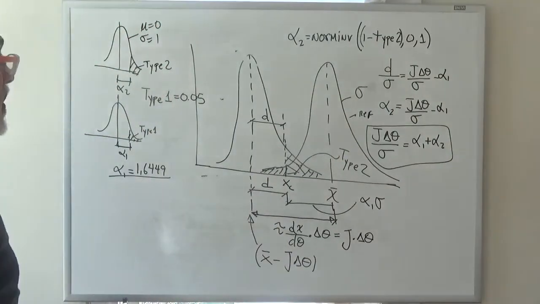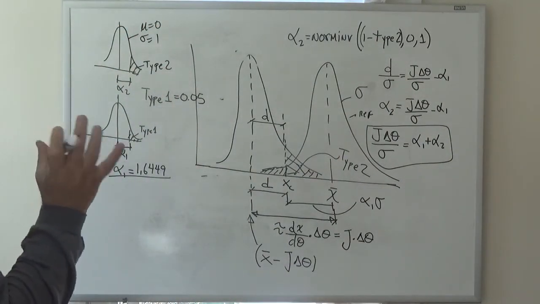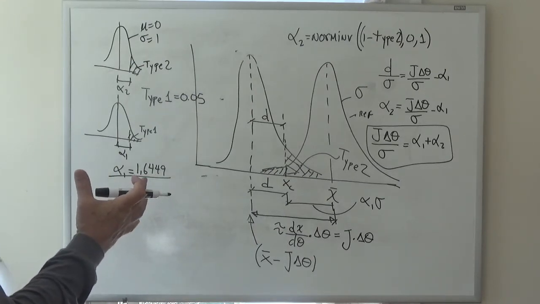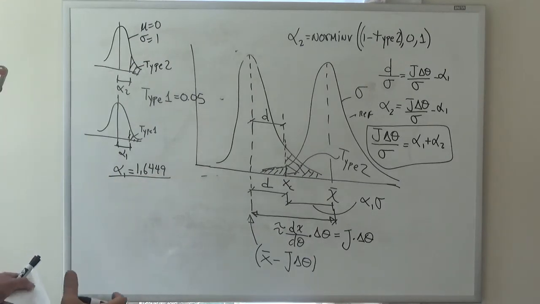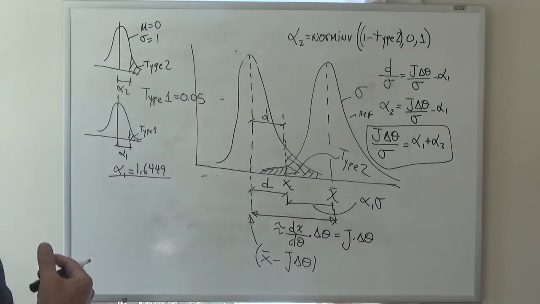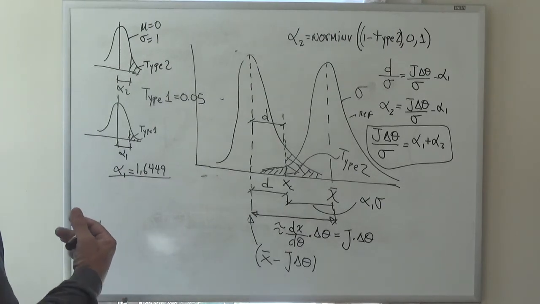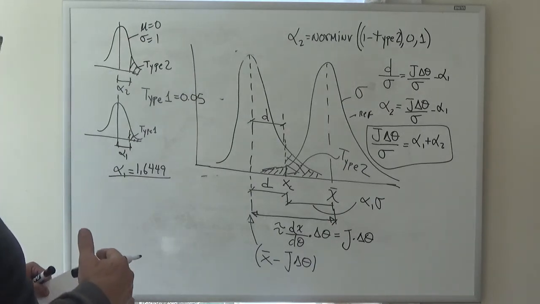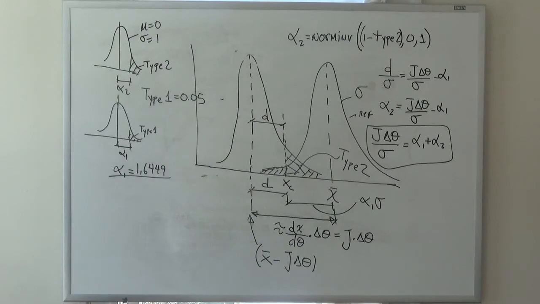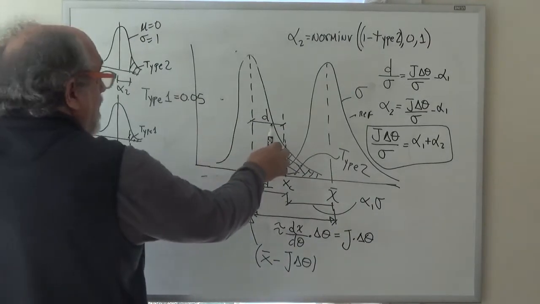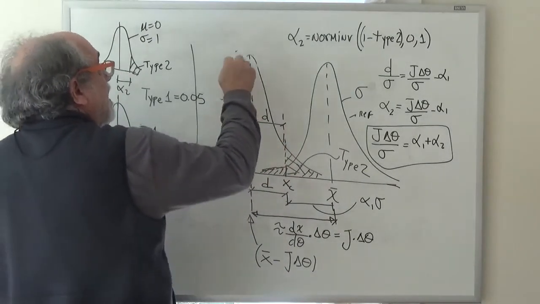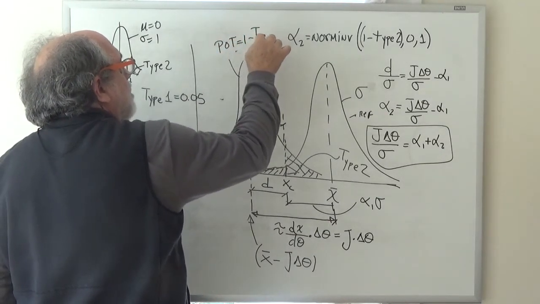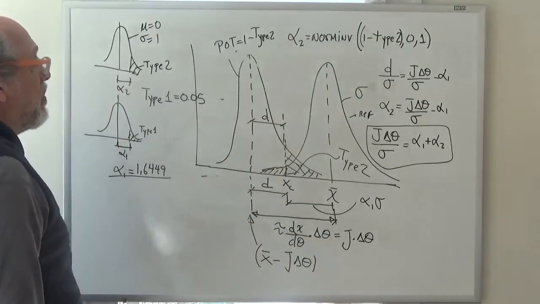I know this is confusing because for type 2 error, you don't know the distribution of the damaged case. But what we have to say is, let's assume that I am not satisfied unless I have a power of the test of, let's say, 80% or 90%. So power of the test is equal to 1 minus the type 2, right?